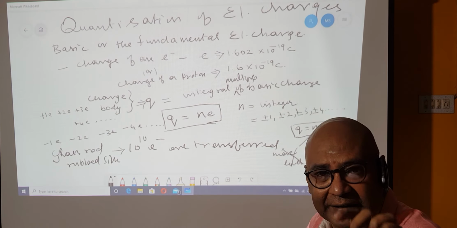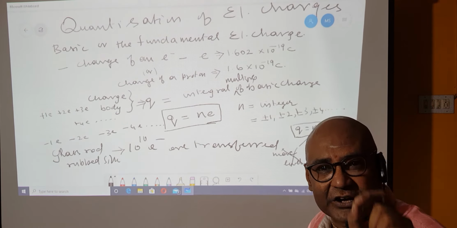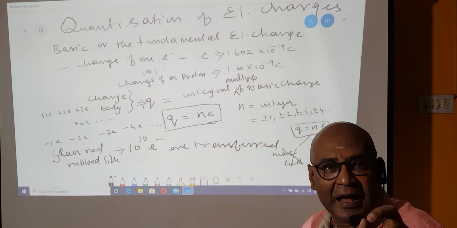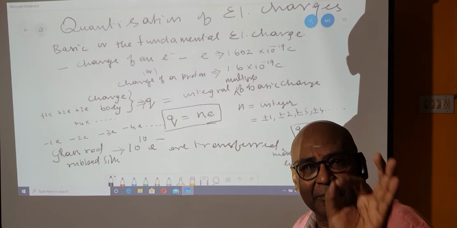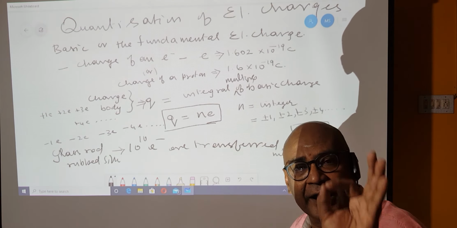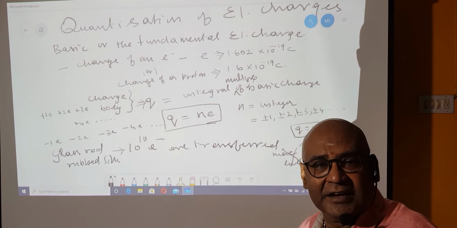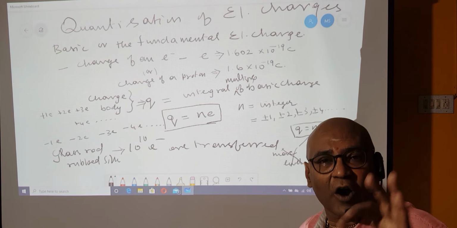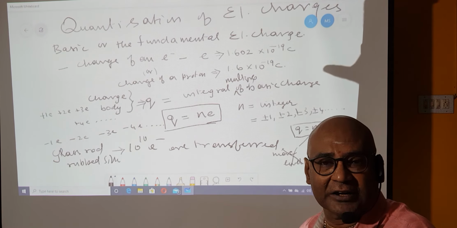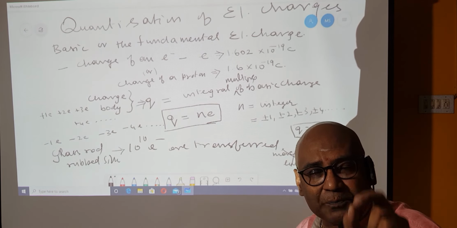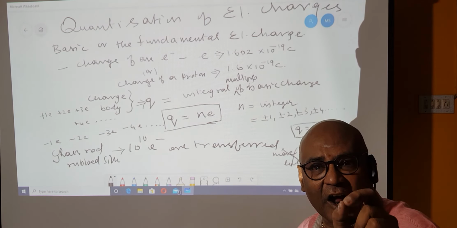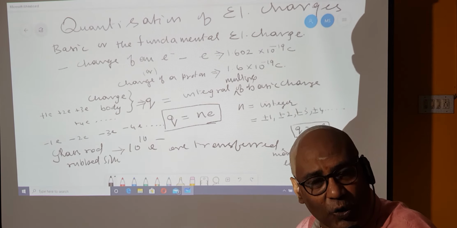The third property that we have studied is quantization of electrical charges. The basic or the fundamental electrical charge available in any body or in any material or in any object is the charge of an electron, called the basic electronic charge, represented as E, having a magnitude of 1.6 into 10 to the power of minus 19 coulomb.